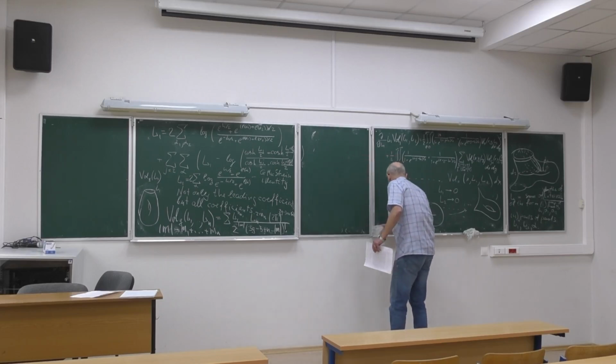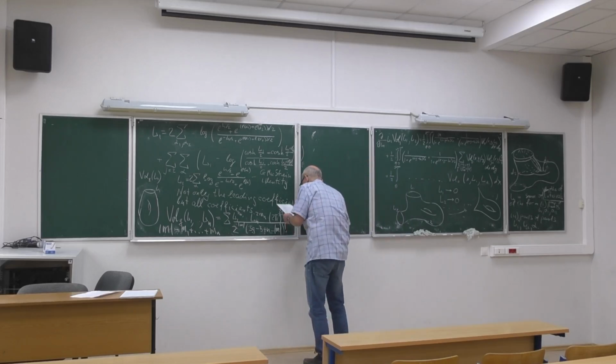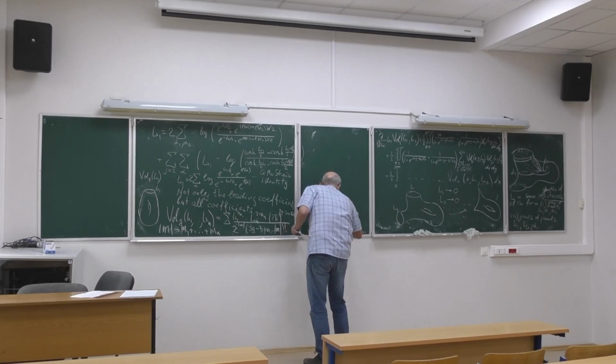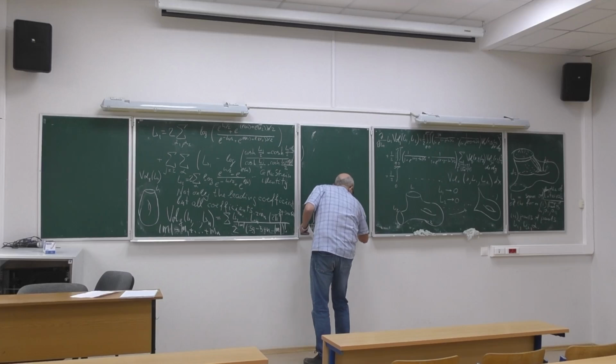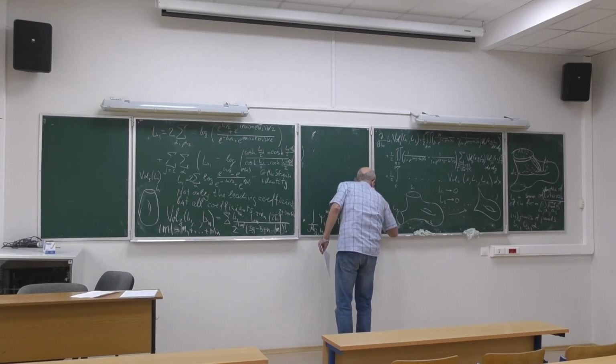And the geometric factor looks as follows. It is the integral over M_g,n bar of psi 1 to the power m1 ... psi n to the power mn times a certain kappa 1 to the power 3g minus 3 plus n minus |m|.